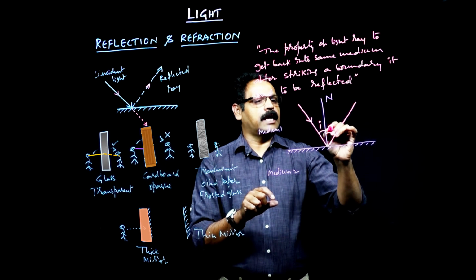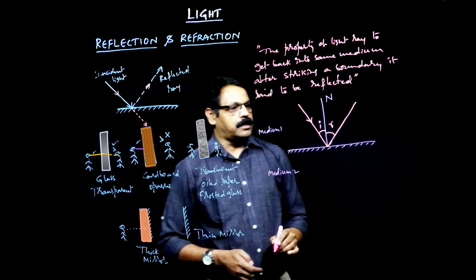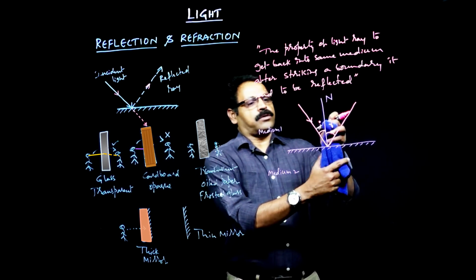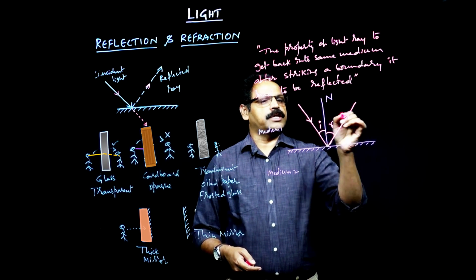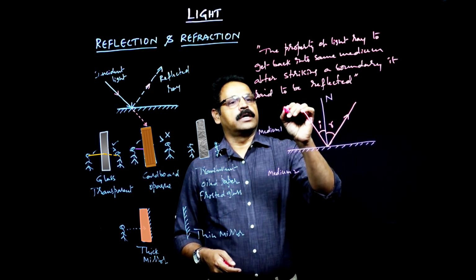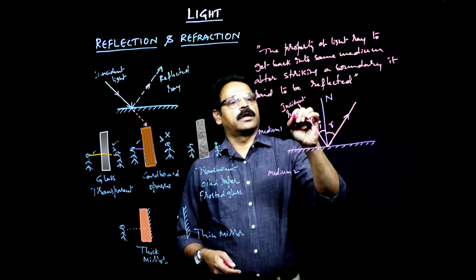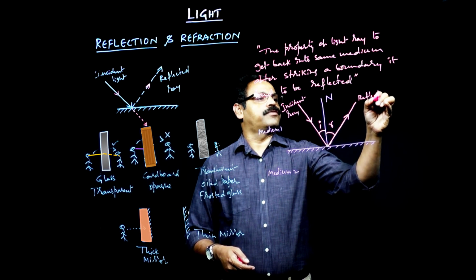The angle here is called the reflection angle R, or in general you can call it angle R. This is the reflection angle. So this is called the incident ray, and this is called the reflected ray.